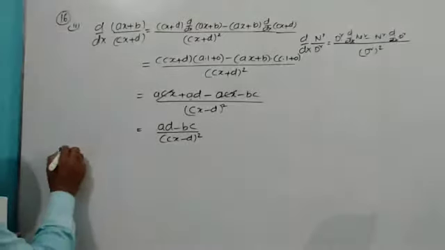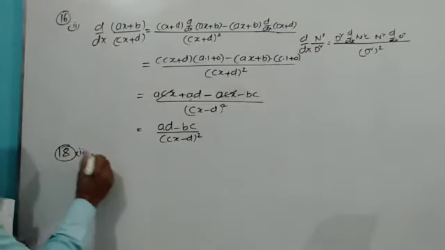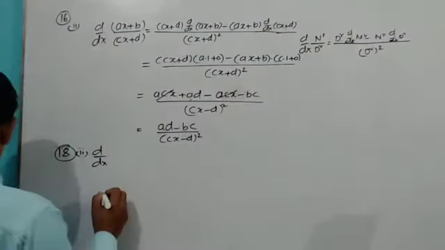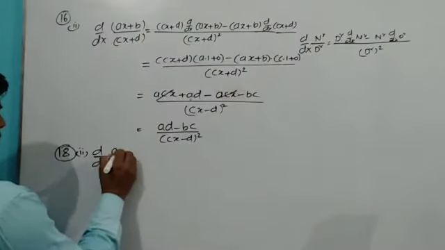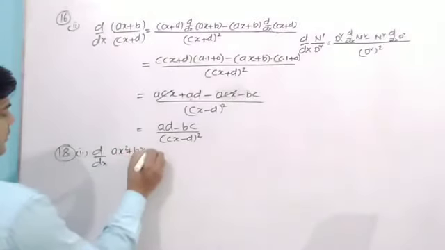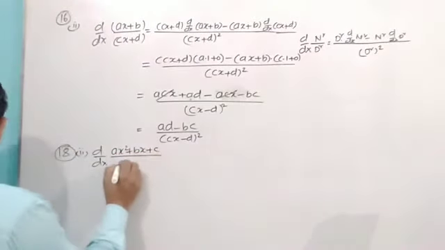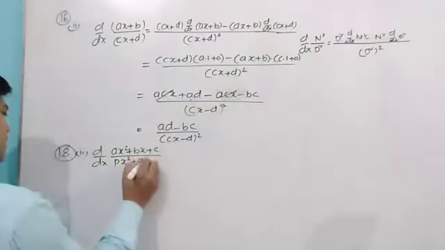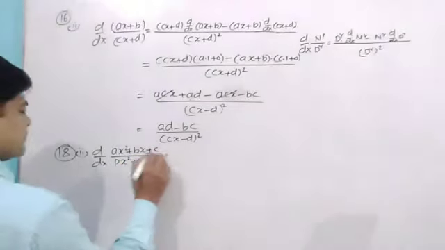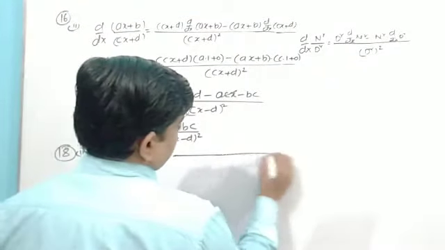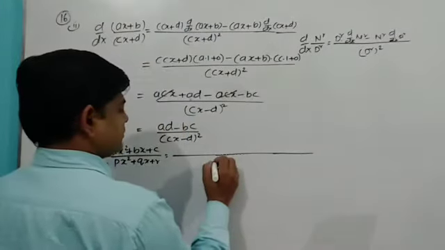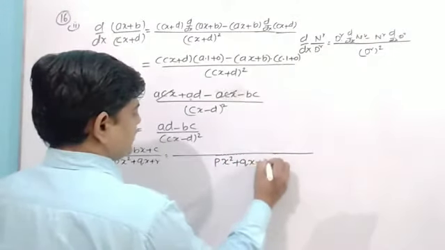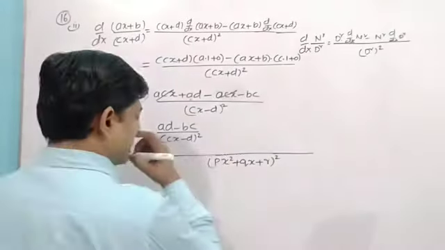I have d/dx of (ax^2 + bx + c) upon (px^2 + qx + r). It can be written with (px^2 + qx + r) the whole square in the denominator.